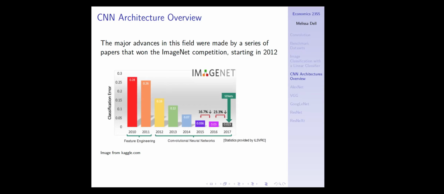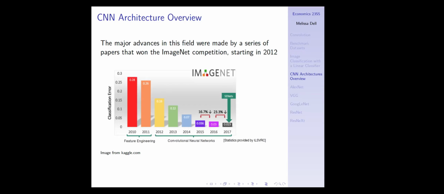So around 26 to 28% of the time, the hand engineered features couldn't pick out the true category; it was not in the top 5 classes they predicted. For most intents and purposes, this is probably useless because it's getting it wrong most of the time.